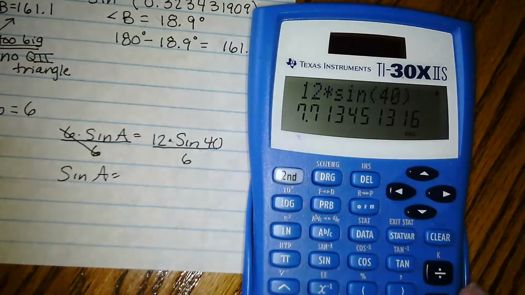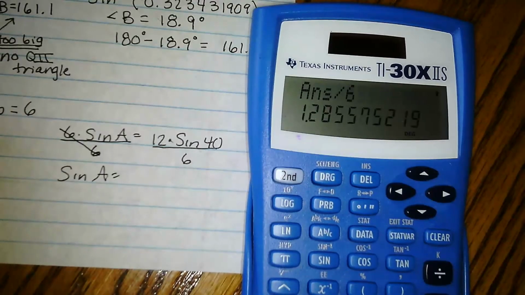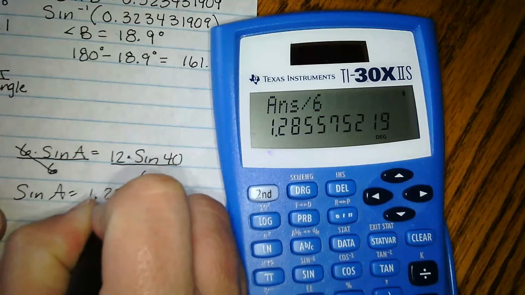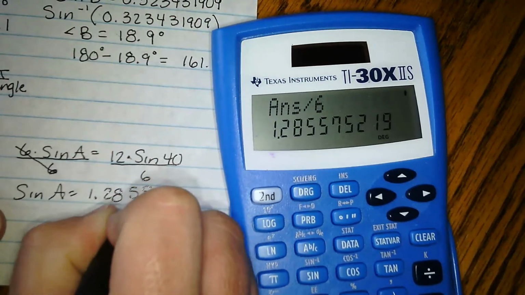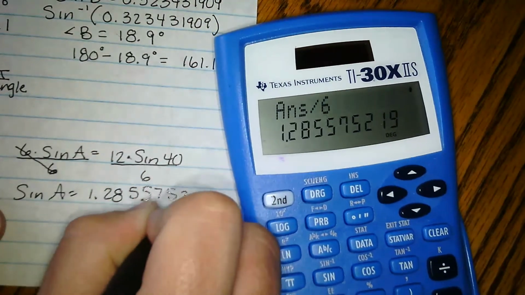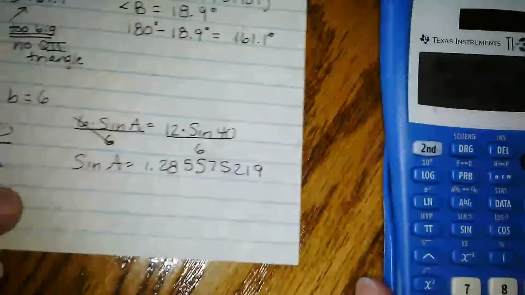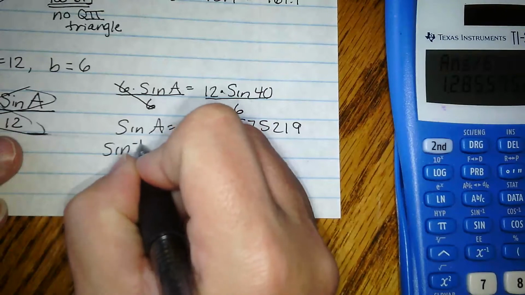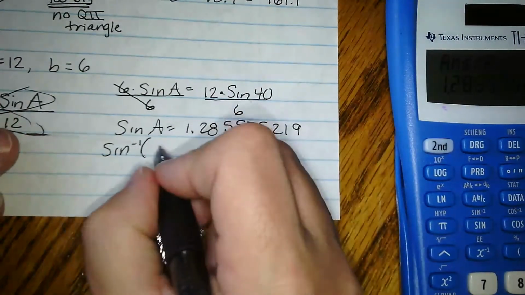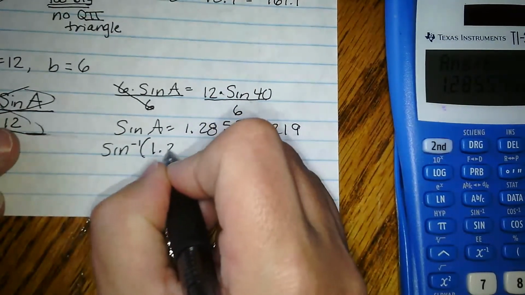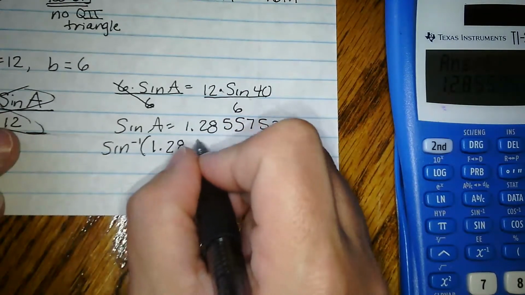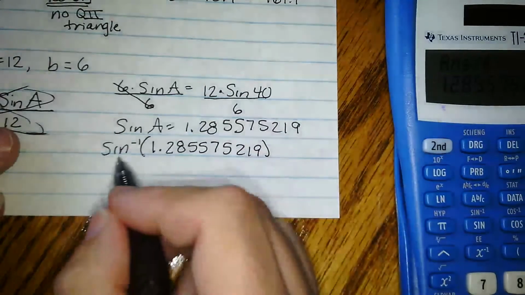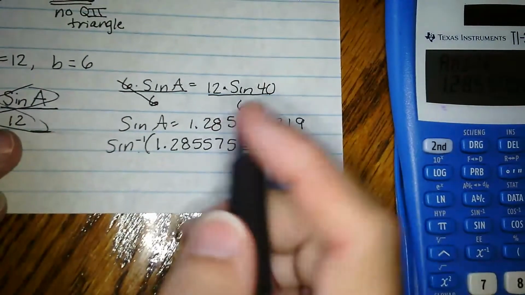Then divide by 6 and keep it and write the whole thing out. So we've got 1.285575219. And when I do the inverse of sine, I'm looking for the angle that makes a value that is 1.285575219. What angle makes this measure?